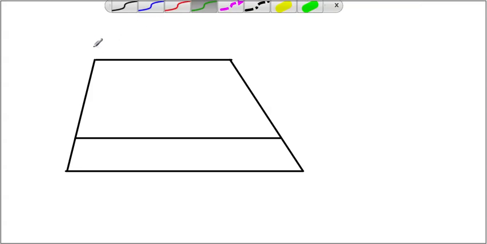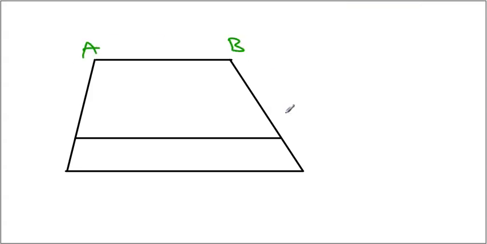Let me see. I call this one A, B, C, D, E, F. Of course, all three line segments are parallel.